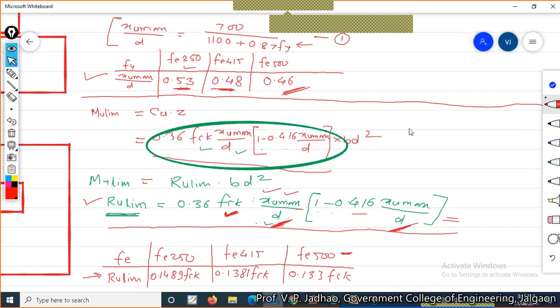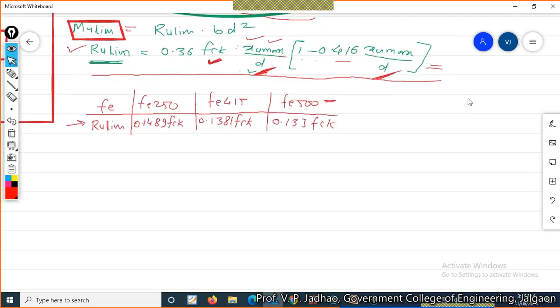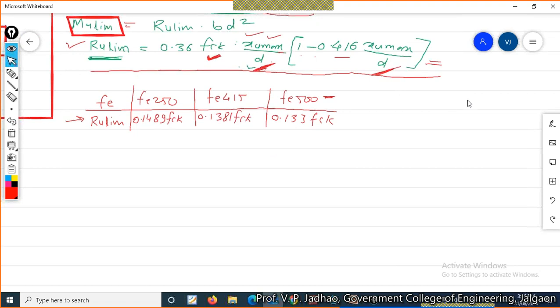If we put this value of Ru limiting in this particular equation of Mu limiting, that is, Mu limiting is equal to Ru limiting into bd square, what will we be getting?